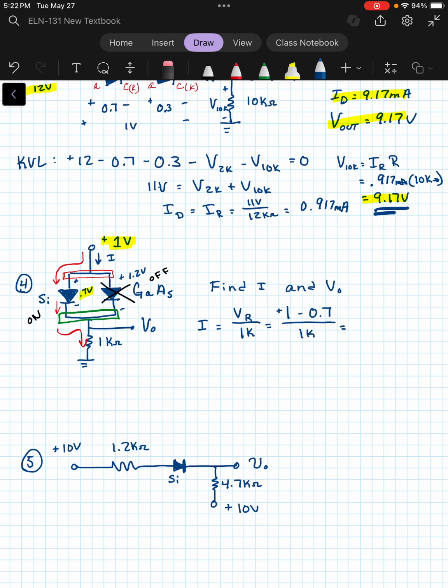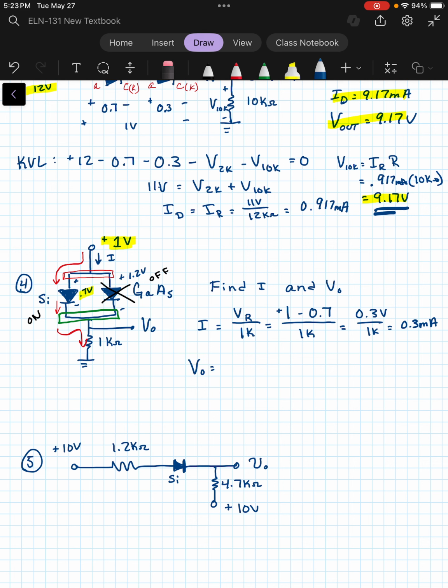So that's 0.3 volts over 1K. Which gives us 0.3 milliamps, or 300 microamps if you want to use that.